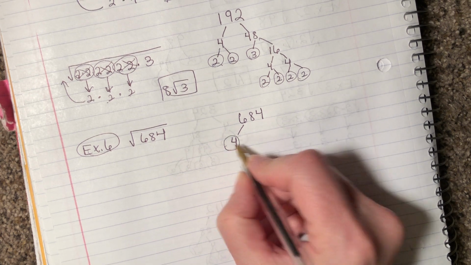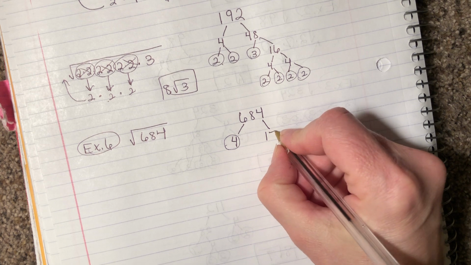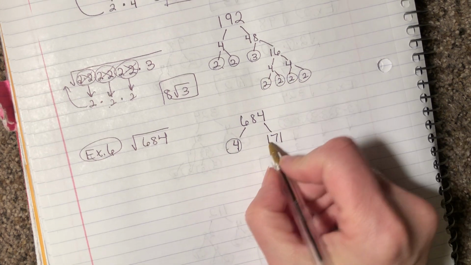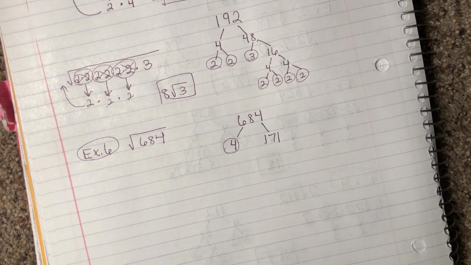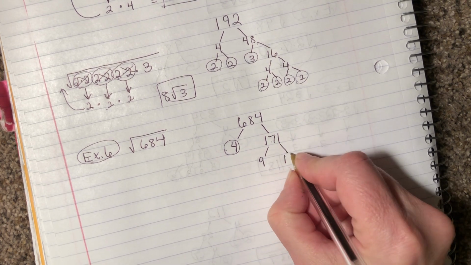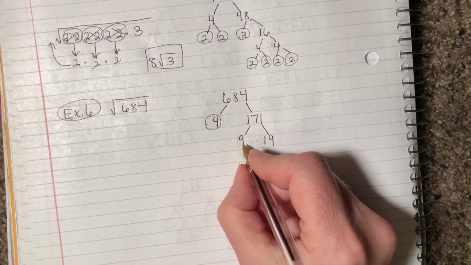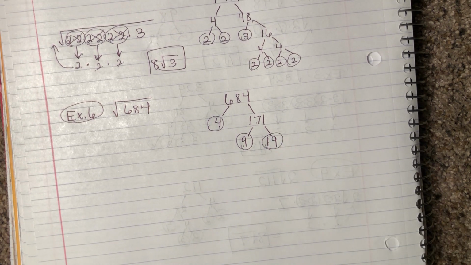Even though it's not prime, I can stop. 171, that's a weird number. Ooh, but 1 plus 7 plus 1 is 9, so I know this is divisible by 9. Okay, I can divide by 9 and I get 19. Well, I'm going to stop here because 9 is a perfect square and 19 is prime.